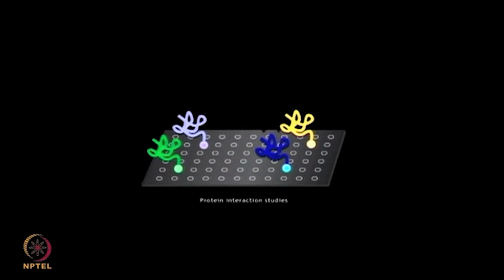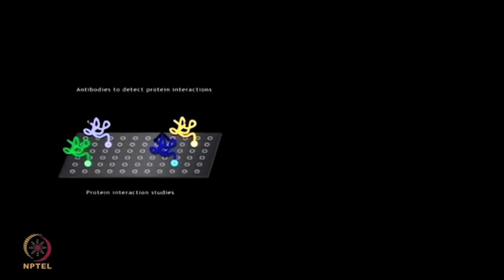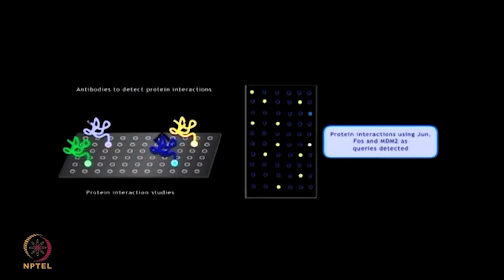These protein microarrays were then probed with antibodies specific to the query proteins. The authors detected various protein interactions using well known query proteins such as Jun, FOS and MDM2.